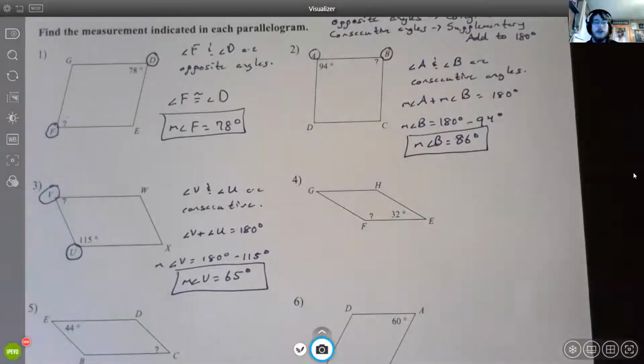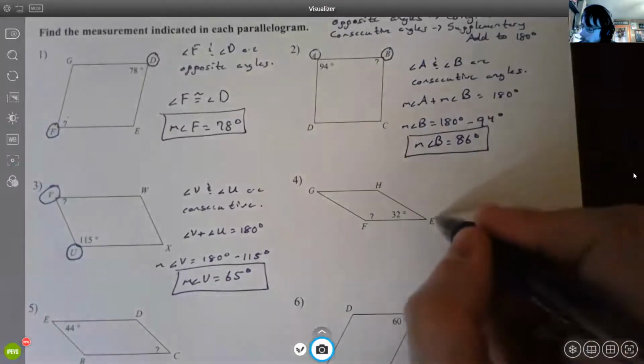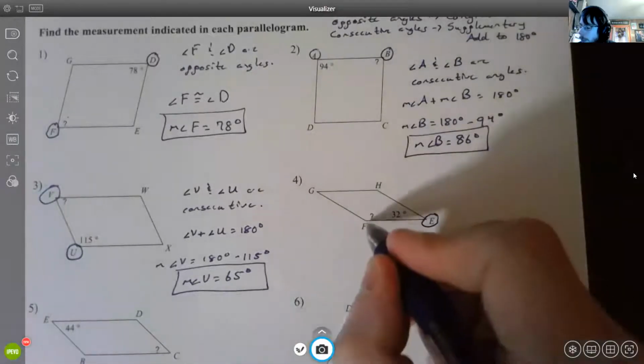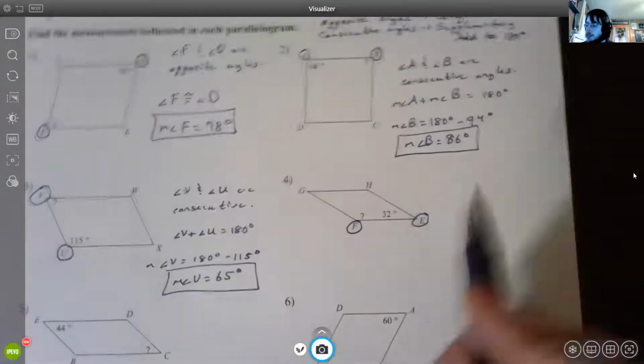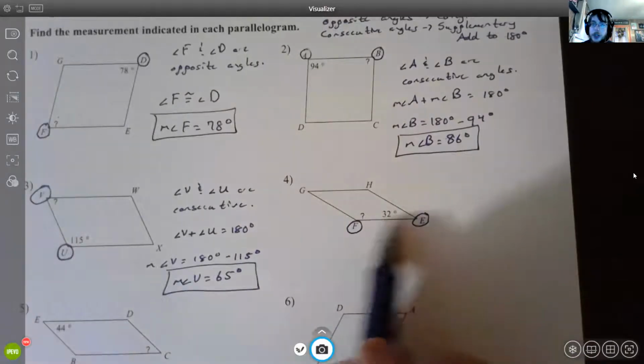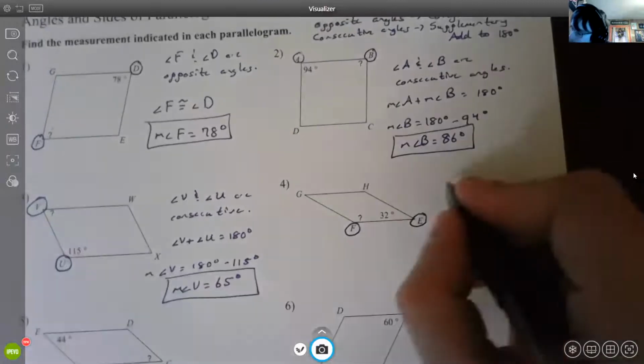And number four, we're given the angle E is 32, and we want to find angle F. So are these angles opposite or consecutive? Well, we see that these two angles are connected by this side here, so they are consecutive.